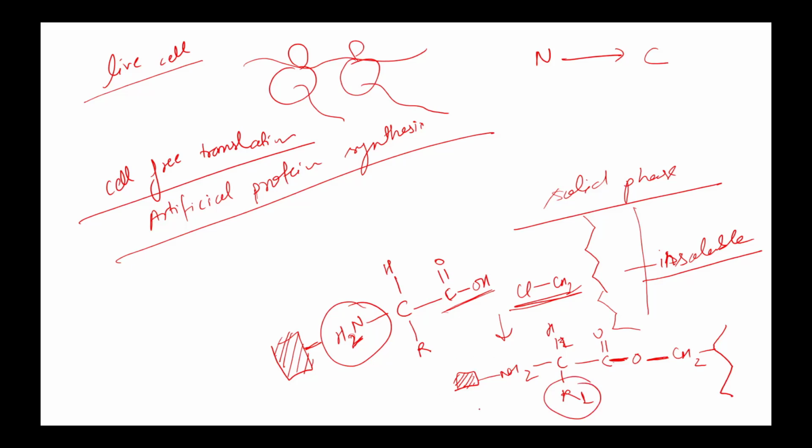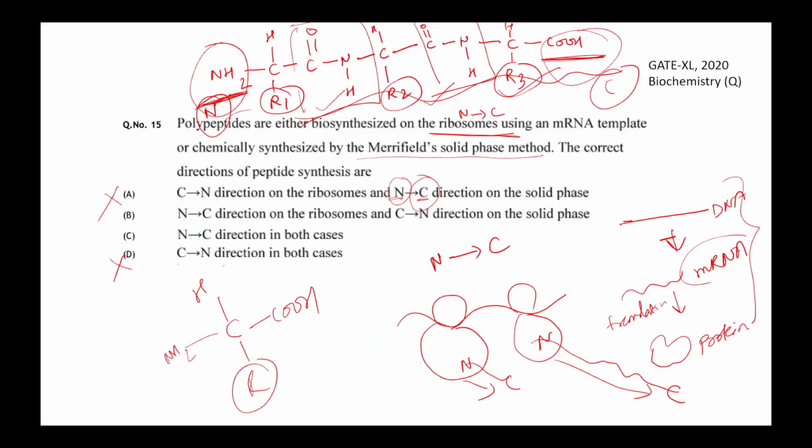For adding the next amino acid, in the next step, they do the deprotection. The amino terminal is protected, and for adding the next amino acid, they first deprotect it. In the deprotection step, it gets free.